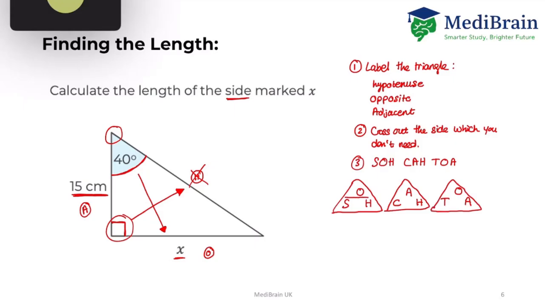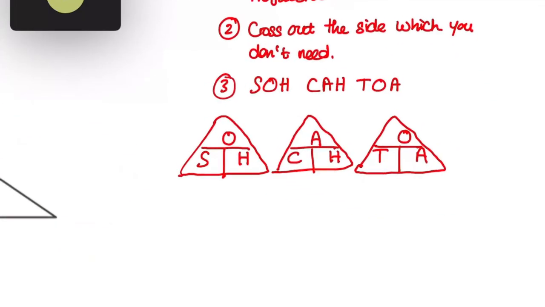Okay, so we've got three triangles. Now, we need to select one of the triangles which has the sides that we need. Okay, so we've crossed out H, so we don't need H in our formula. In our triangle, we don't want H. We only want A and O in our formula. So you need to decide which formula has A and O.